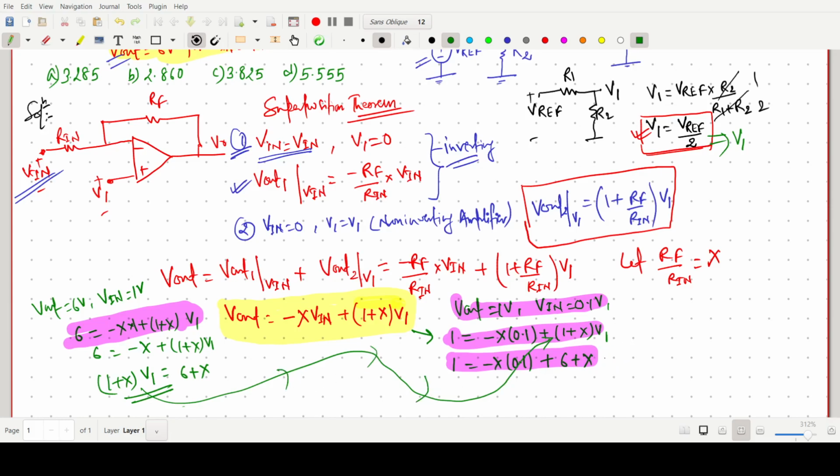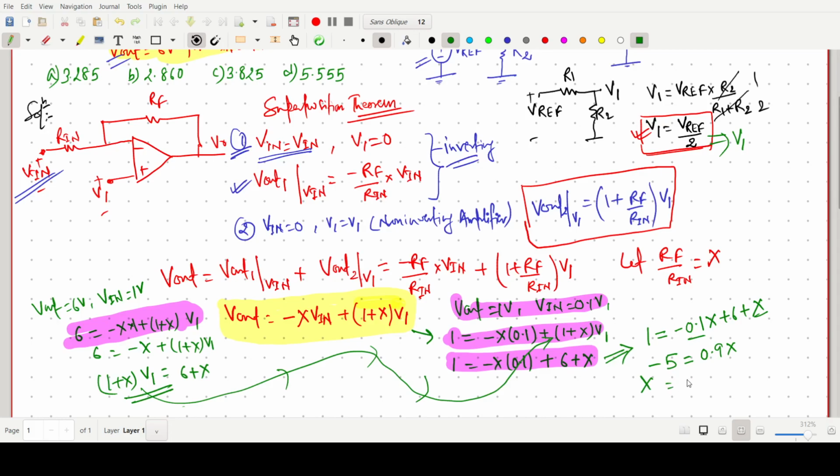Now we have to solve this step by step: 1 equals minus 0.1 X plus 6 plus X. So minus 5 equals 0.9 X.